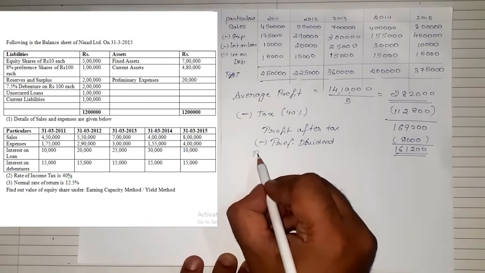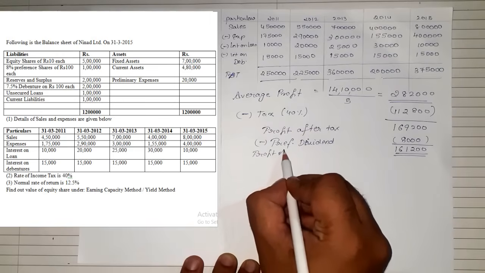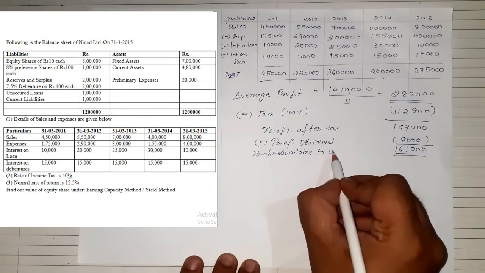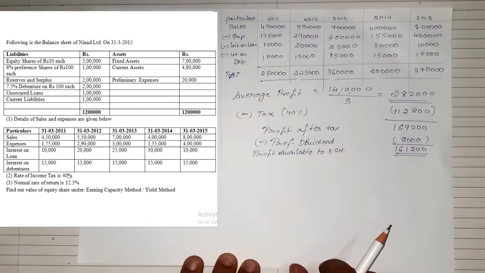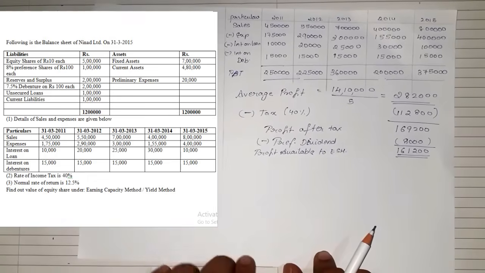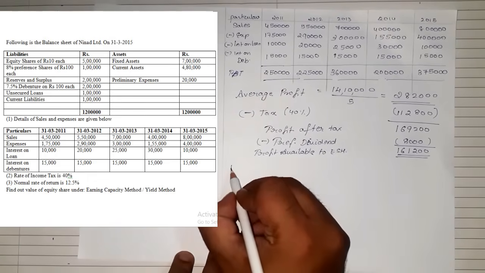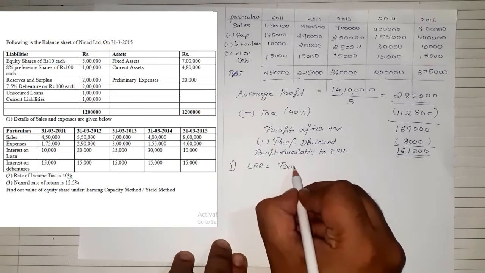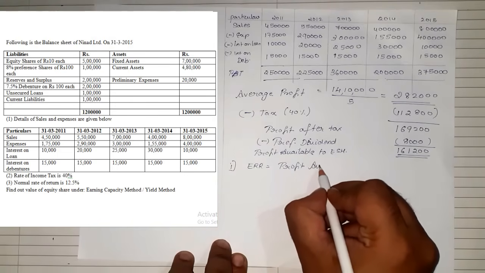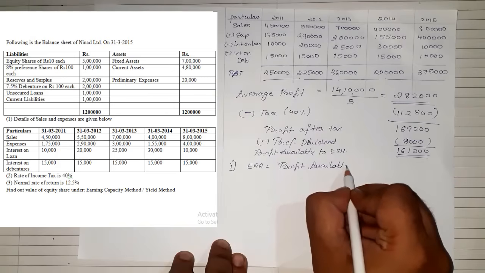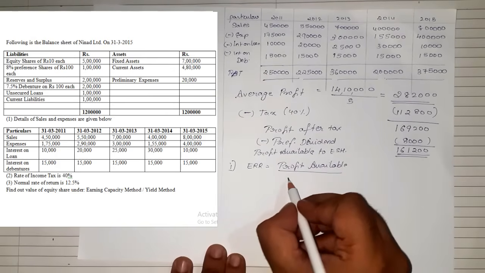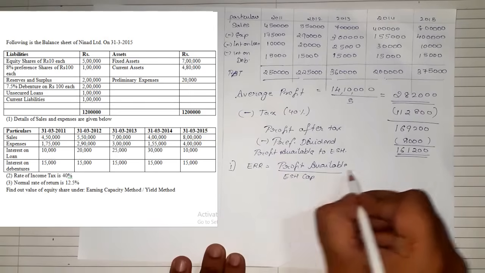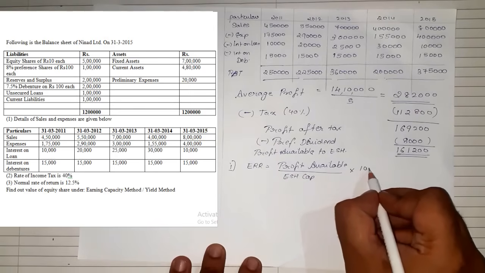So this is nothing but profit available to equity shareholder. Now once I get my profit available to the equity shareholder, I can go ahead and find my expected rate of return. ERR is profit available upon equity share capital into 100.